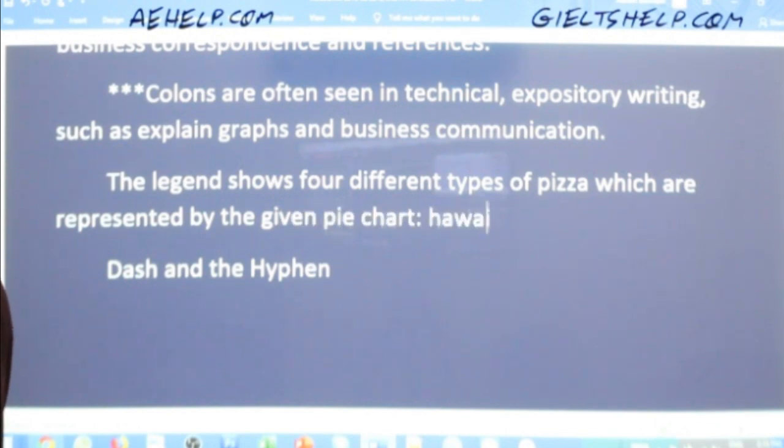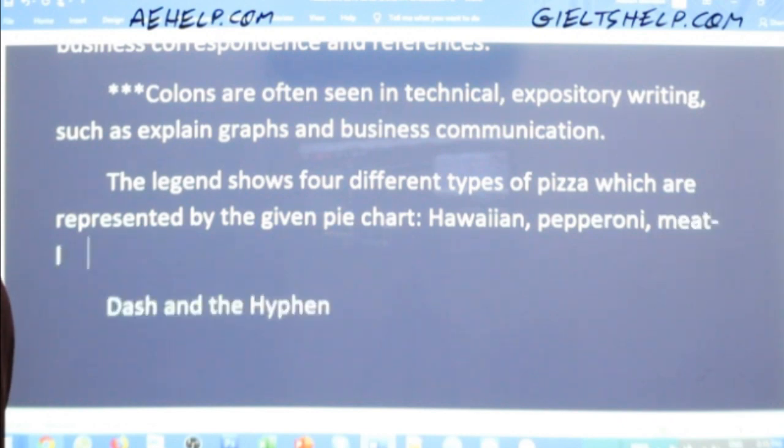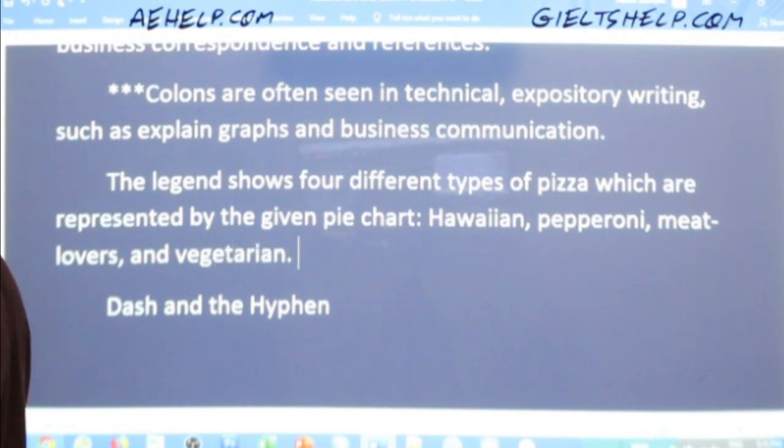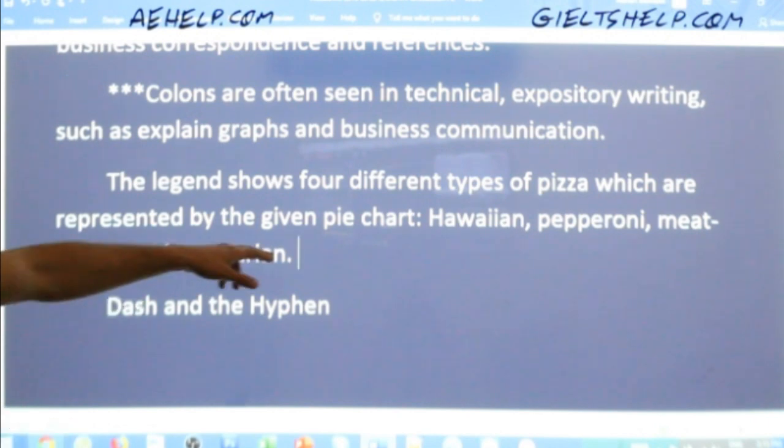Hawaiian, pepperoni, meat lovers, and vegetarian. Okay, so that would be an example of where you could use the colon.